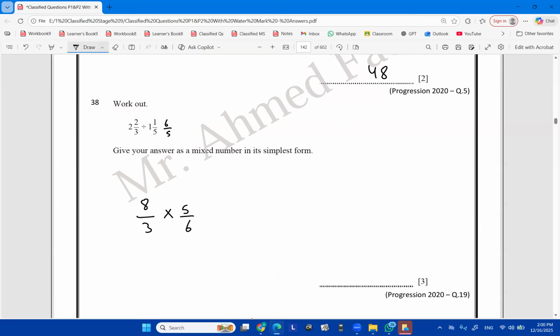Divide by 2, 4. Divide by 2, 3. 4 times 5 is 20, 20 over 9. Convert this into a mixed number. So the denominator is 9, as it is. How many 9s are in 20? I have 2 9s and remainder 2. So 2 and 2 over 9.